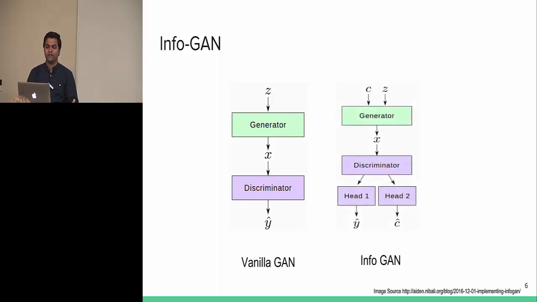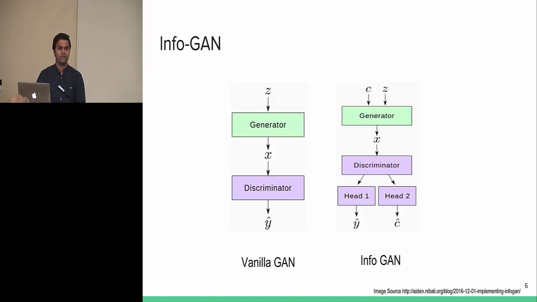But in Info GAN, the difference is that along with the noise Z, we also pass another input called C, which is called the code, to the generator. And the task of the discriminator is not only to discriminate, but also to reproduce this code that was passed in. The idea here is that when you do this, the GAN model, both the generator and discriminator, will learn those features from the latent space which are more relevant to the generative process than just giving some random noise.